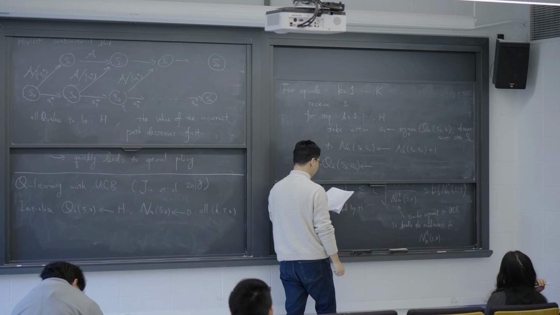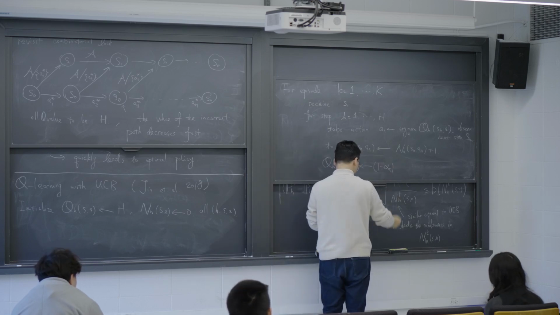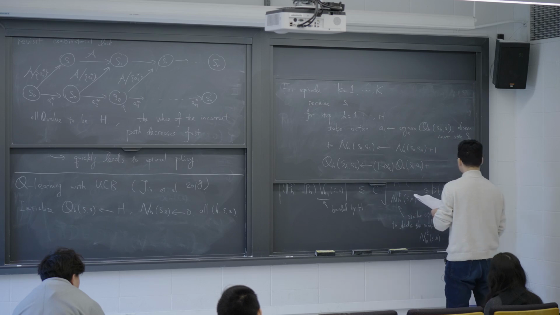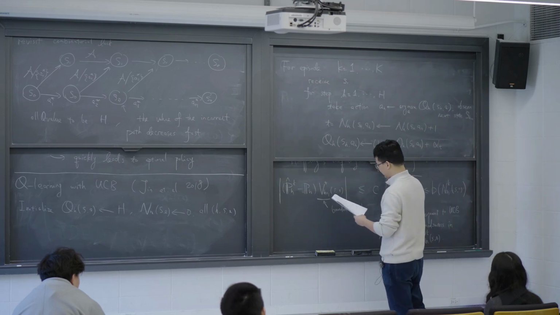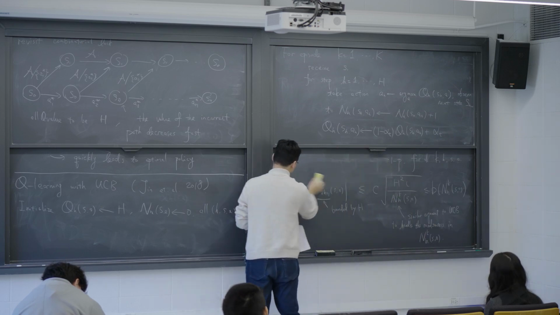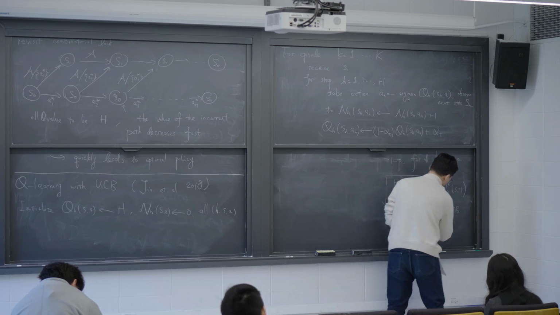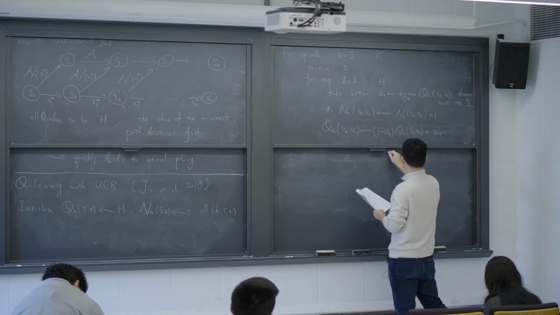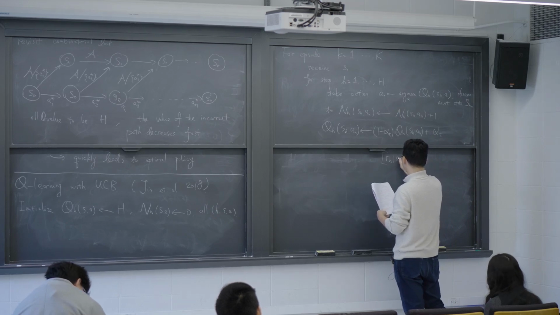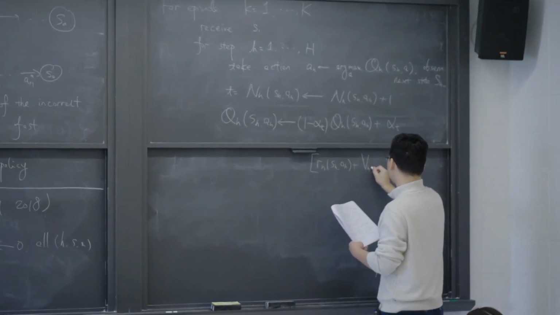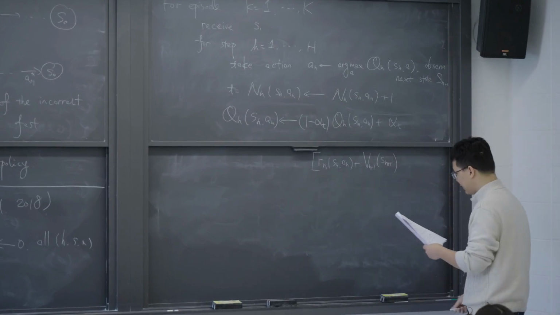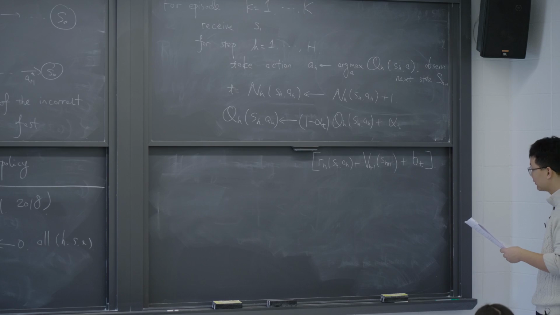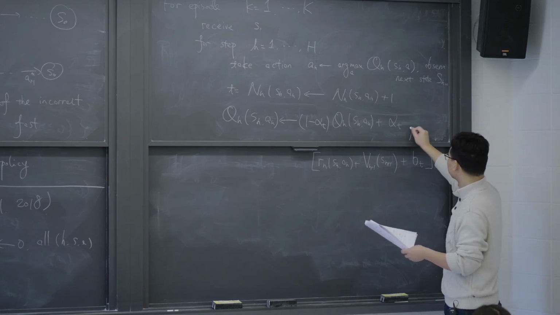If you still remember, the Q-learning update is Q_h(s_h,a_h) equal to (1 minus alpha_t) times the previous Q value Q_h(s_h,a_h), plus alpha_t times the new value, where the update is equal to the reward, plus the value of the next step at the state we observe in the current data, plus a bonus b, where b only depends on t.